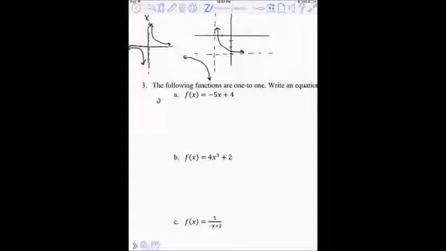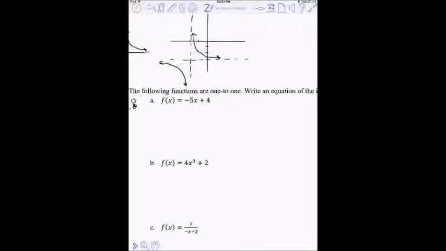Okay, question 3, finding or writing equations of inverse functions. This is from section 2.8. Now the following functions are one-to-one. Remember that means that it would pass the horizontal line test if they were graphed. It also means that their inverses are functions.